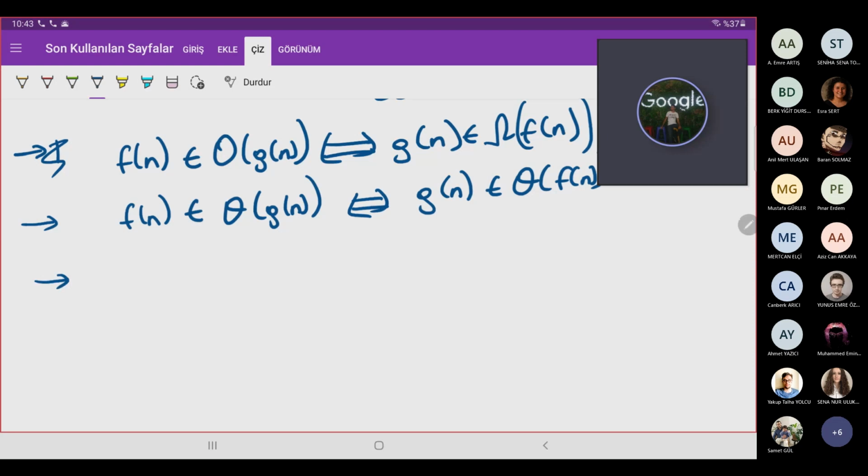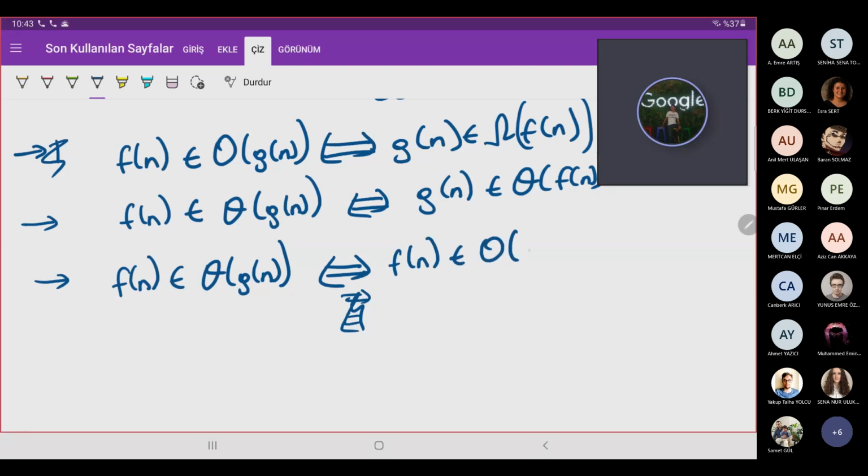So f(n) is in theta of g(n) if and only if, so it means this is true both ways. If f(n) is theta of g(n), then this is true, but also that part is true, okay? f(n) is in theta of g(n) if and only if f(n) is both in big O of g(n) and big omega of g(n), okay?